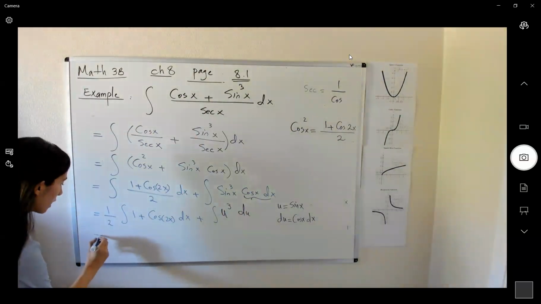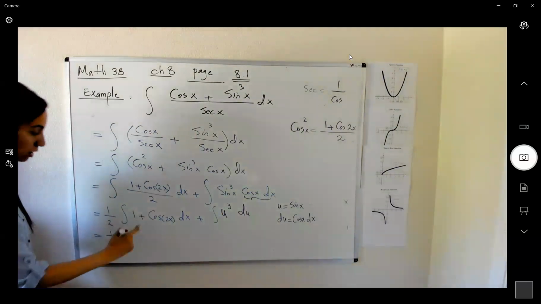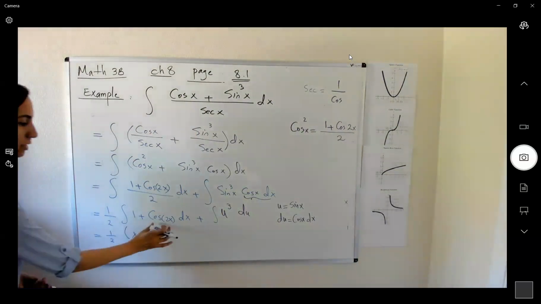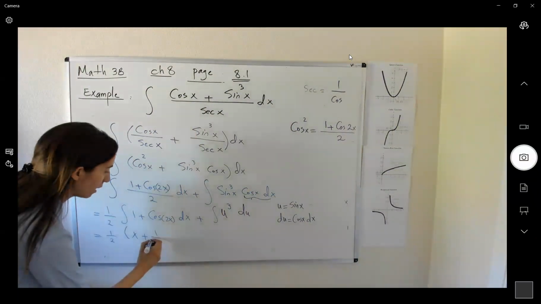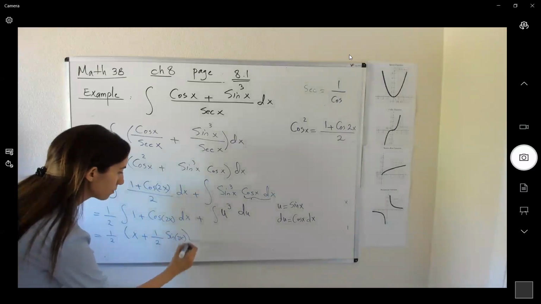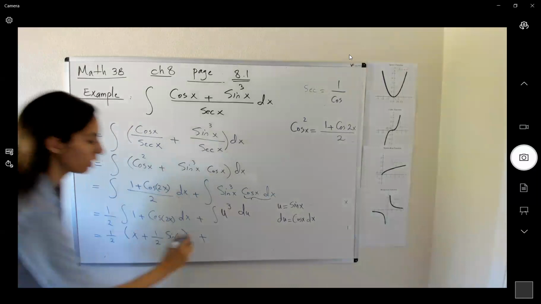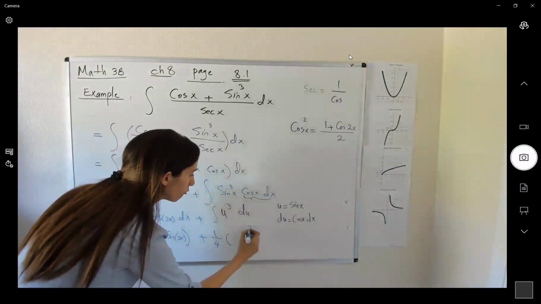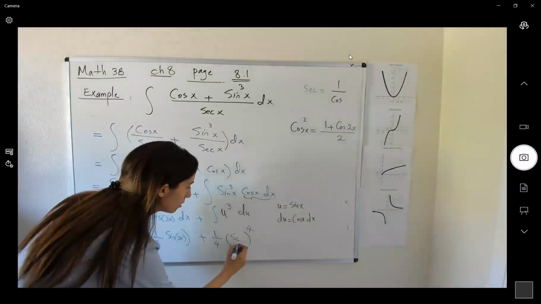So here we have a half, times the integral of 1, which is just x, plus the integral of cosine 2x, which is a half sine 2x, plus the integral of u to the third, which is a fourth u to the 4. But what is u? u is sine x.